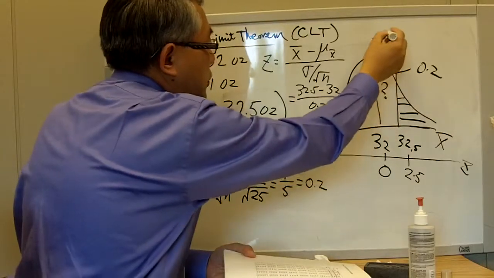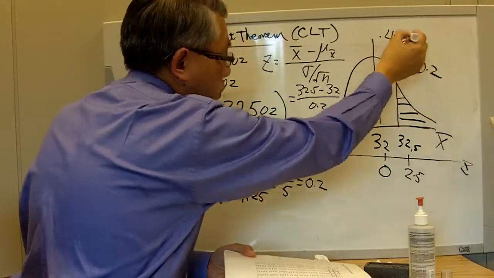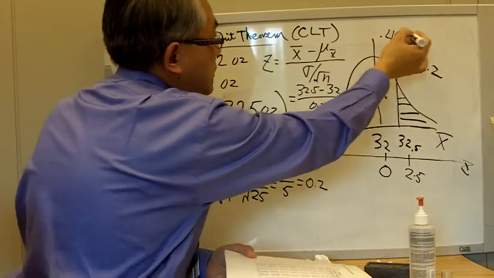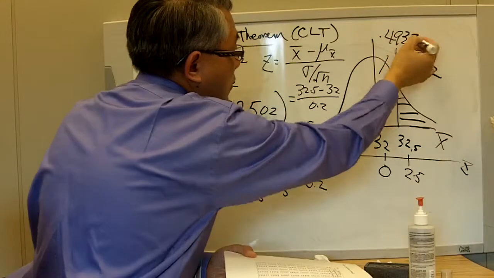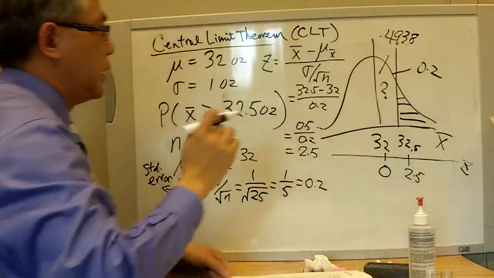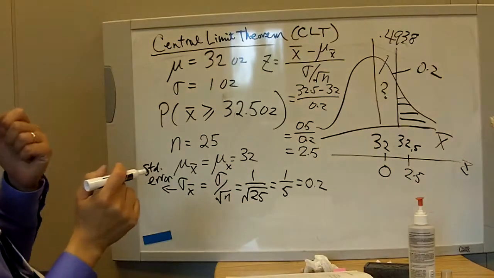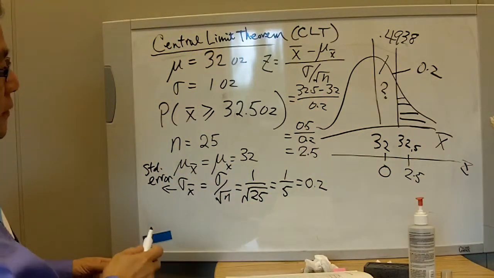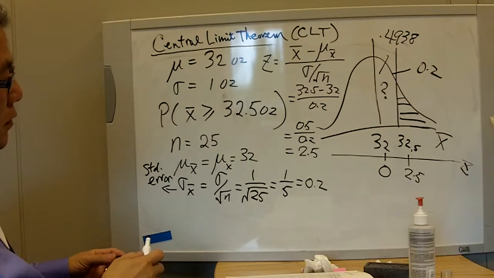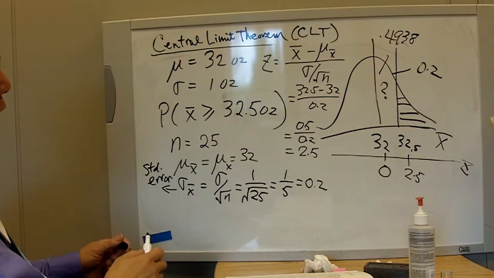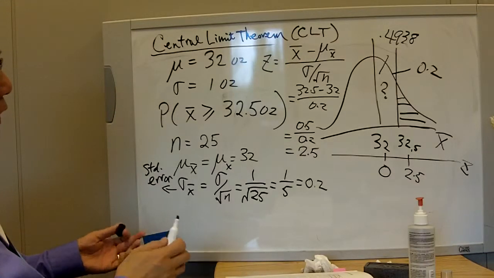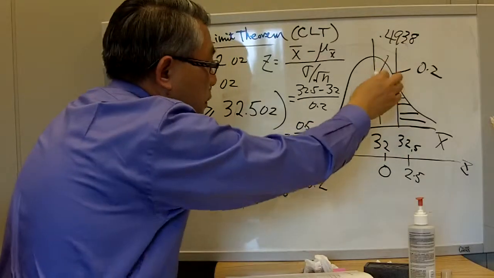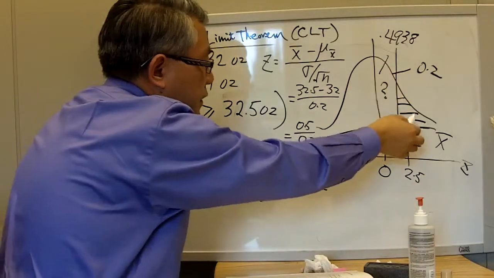Well, we're only one step away from the answer. From 0 to 2.5, it is 0.4938. The difference between the 0.5 and this piece would give us the answer.